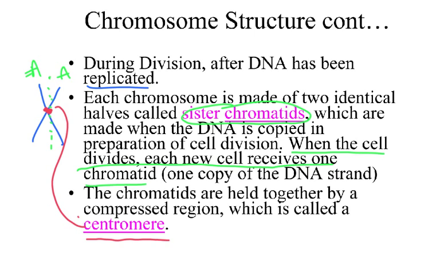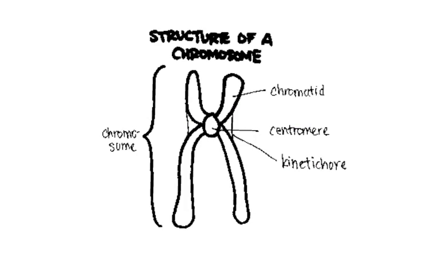So the whole thing is a chromosome. Each side is a chromatid, and the middle is a centromere. This next picture will show that even better. Remember, each side here is identical. So if gene A is found here, gene A is also found down there. And if gene C is found at the bottom, gene C is also found over here at the bottom.